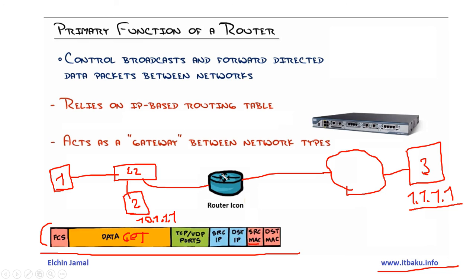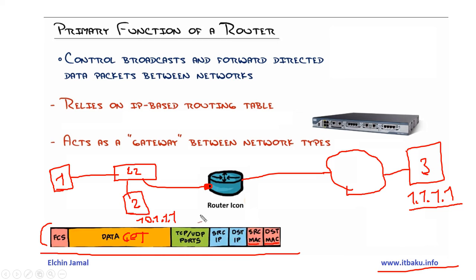This is the only device which is connected to the internet, so this device will help us to get to this web server. So the computer puts the MAC address of this interface of our router in the packet, and sends it to the switch.